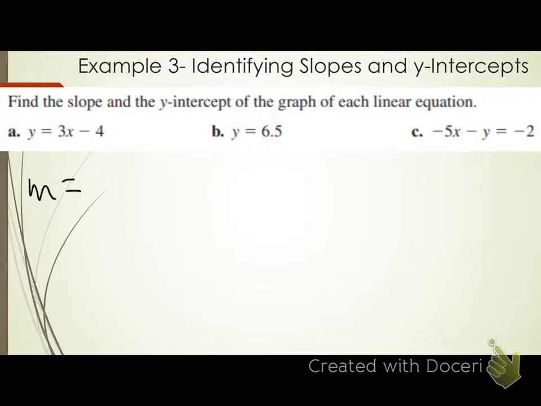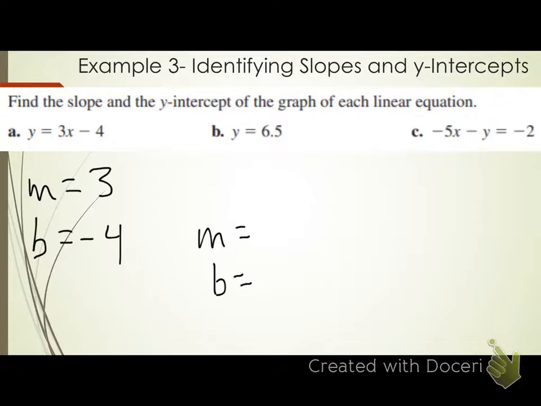On letter A, raise your hand if you can tell me my slope and my y-intercept. 3, -4. Which one's which? The 3 is my slope because it's being multiplied by x, and -4 is the y-intercept. That's my constant term. Very good. Any questions there?